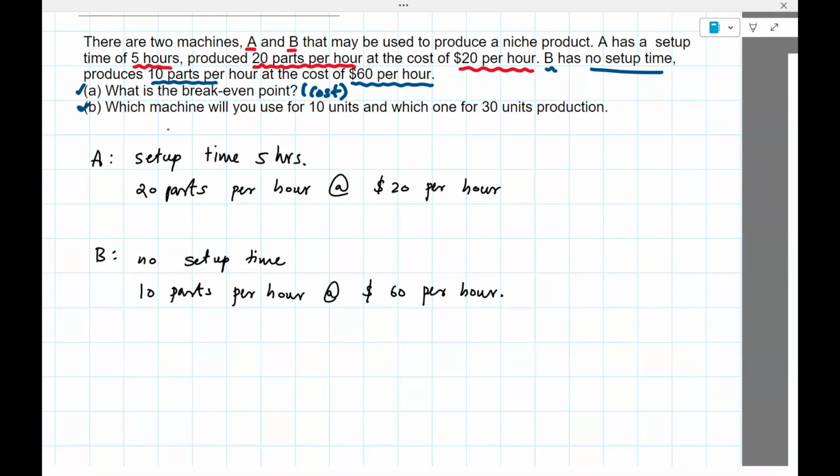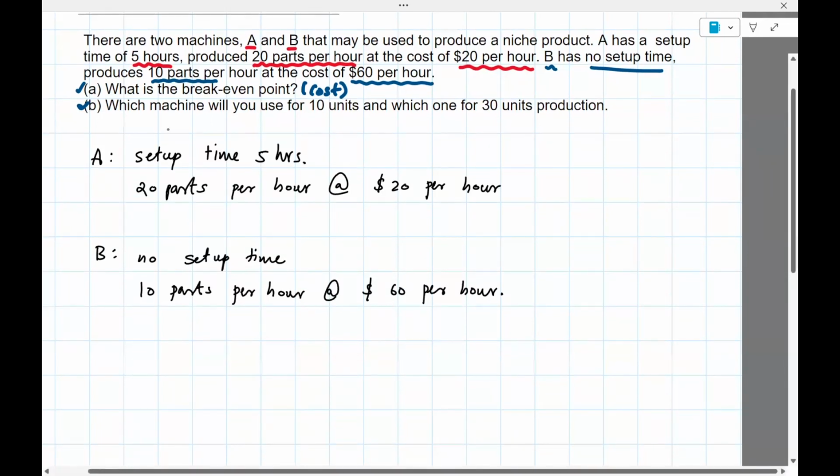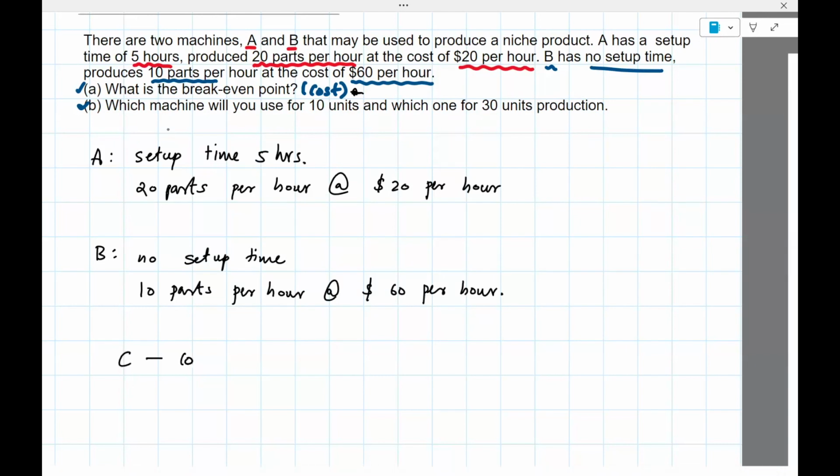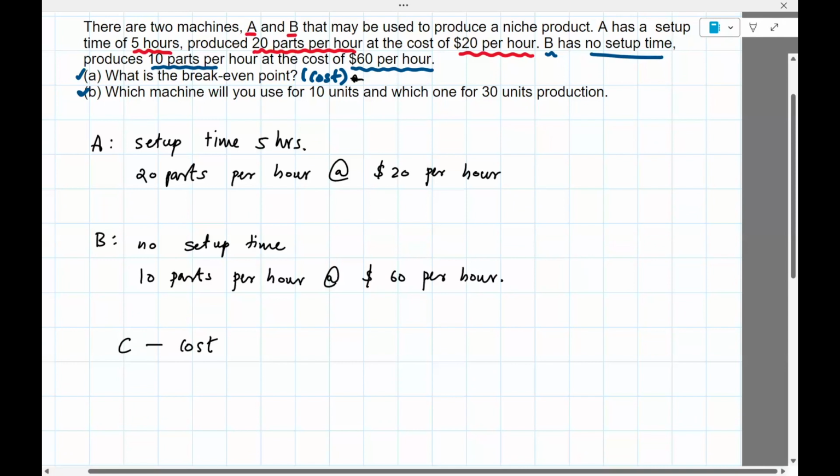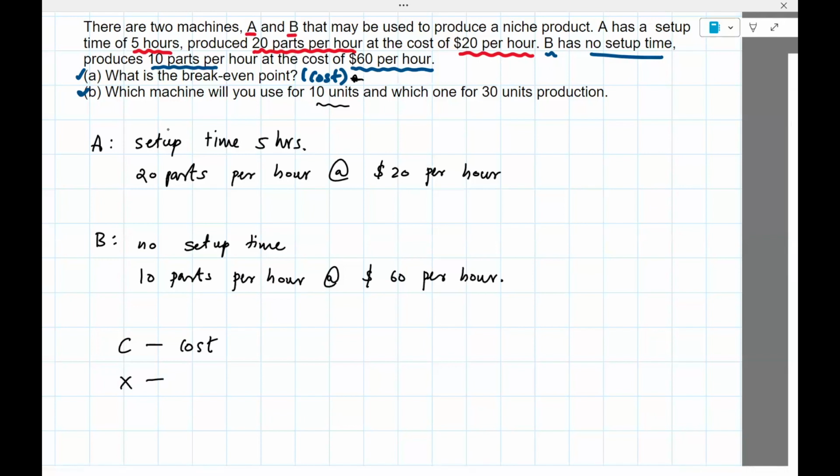Since we're interested in figuring out the break-even point in terms of cost, let's assume C is cost, and since it hints at the number of units produced, let's call X the number of parts.